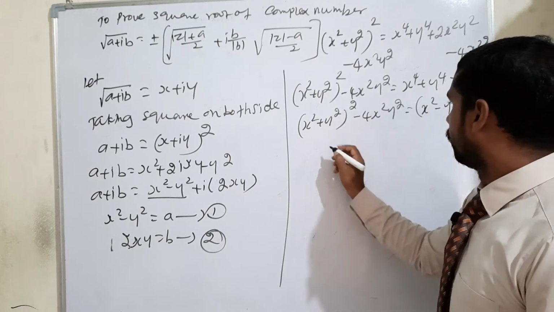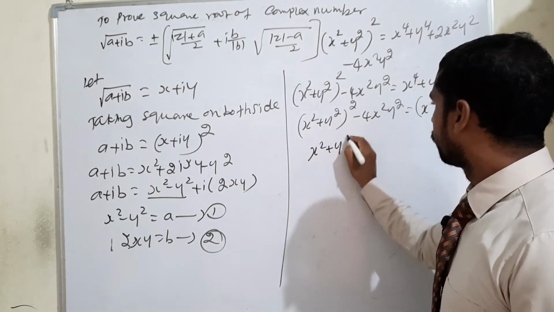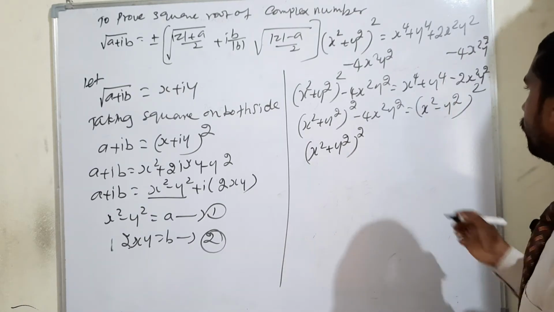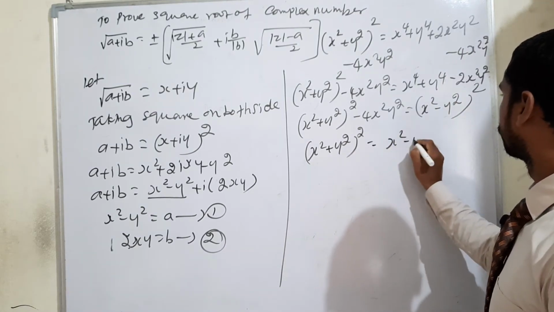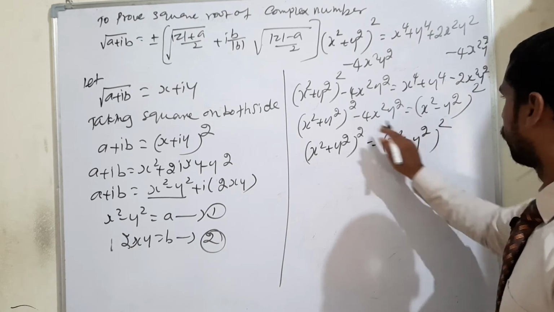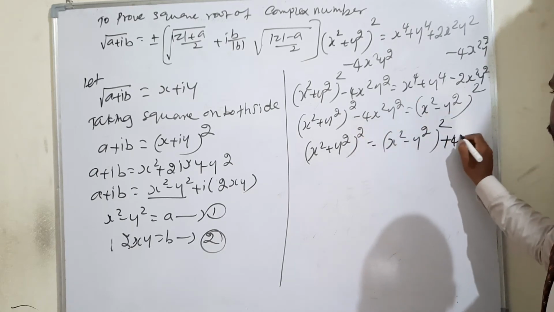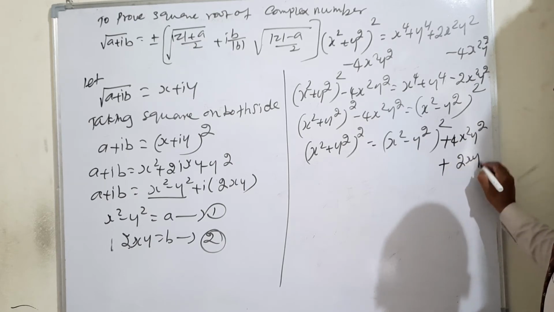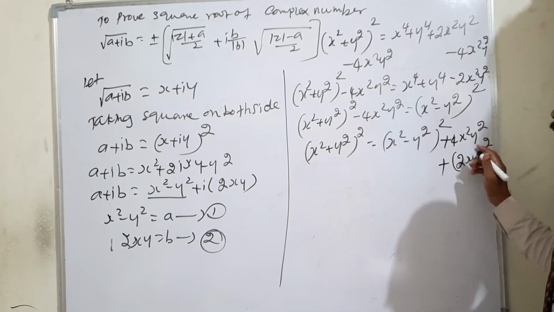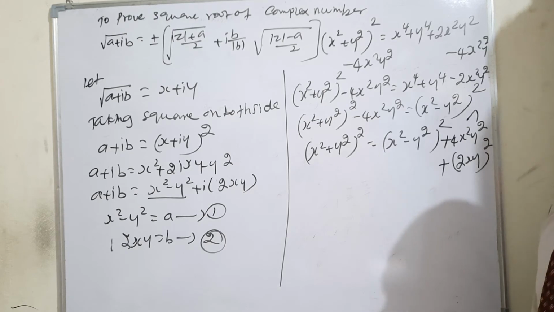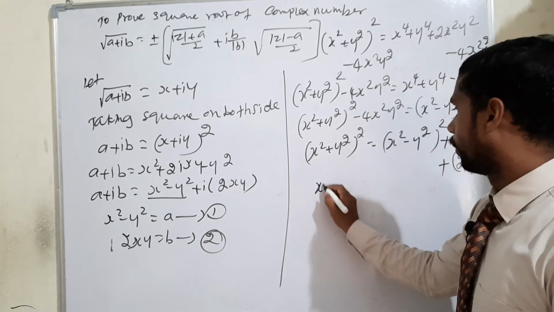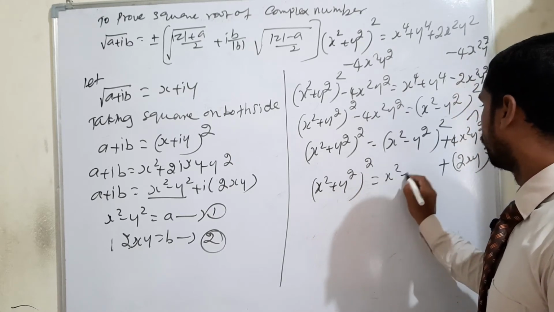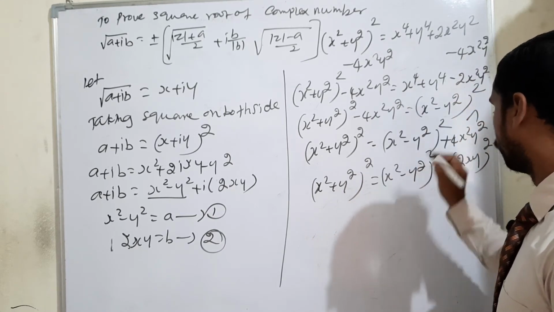Therefore x square plus y square the whole square is equal to x square minus y square the whole square, and the minus term brought to the opposite side means positive 4x square y square. This is how to split actually 2xy the whole square, isn't it? If you remove the bracket, we get the previous term 4x square y square. So x square plus y square the whole square is equal to x square minus y square the whole square plus 4x square y square.